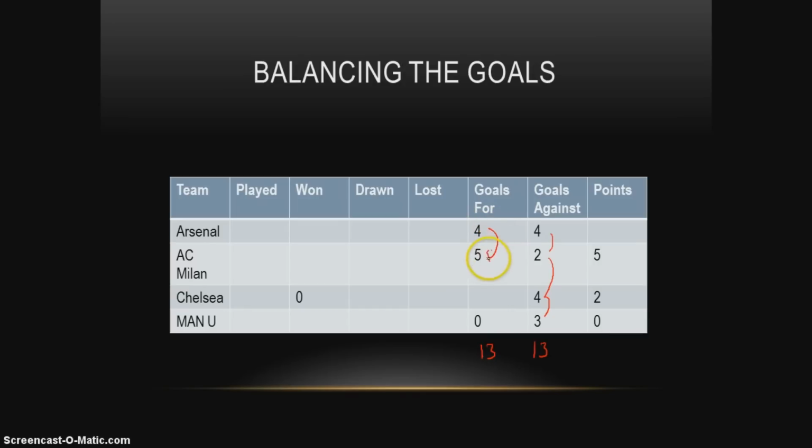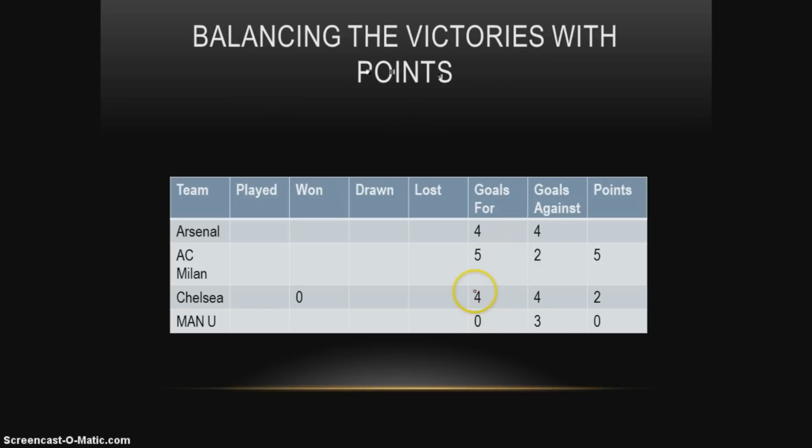But this sum I see is 4 plus 5 equal to 9 plus 0 is 9. So for this total to be 13, I need 4 more goals because 9 plus 4 will make 13. So I have my one missing column filled with this value 4.